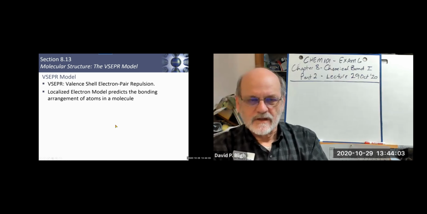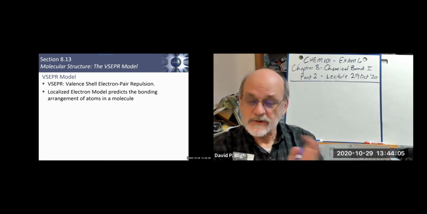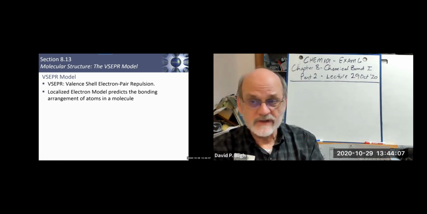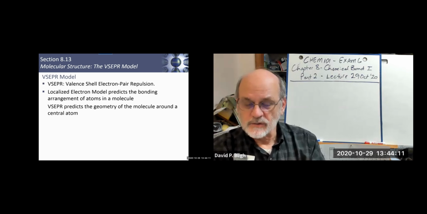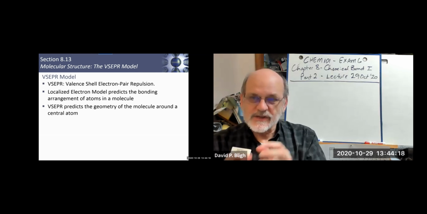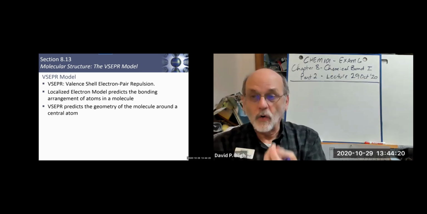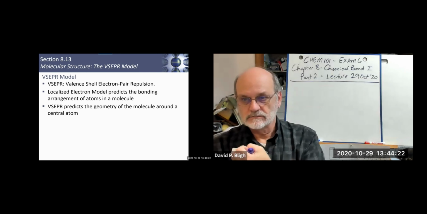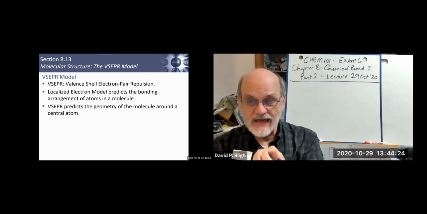Okay, so the localized electron model does predict the bonding around an atom in a molecule, but it doesn't say anything about the structure. So we use the VSEPR to predict the geometry of the molecule around a central atom. Now that central atom, if it's a simple molecule, that's the only geometry for the molecule. Right? If it's only got one central atom.